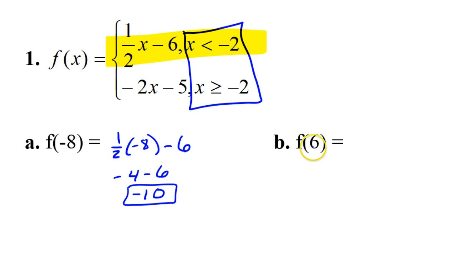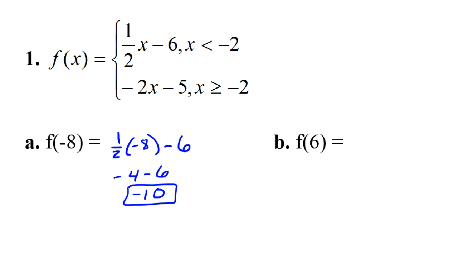Now, what about f at 6? Well, again, I've got these two different parts to my piecewise function, so I need to look at my domain. 6 is greater than or equal to -2. So I'm in this part of the domain, which means I'm using this particular part of the function.